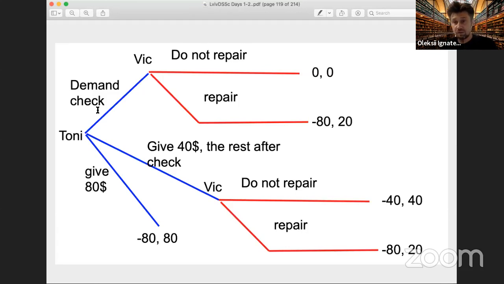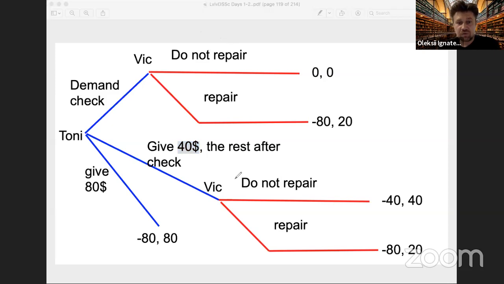Okay, so they propose an intermediate move. They propose the idea that Tony can give half of the sum before and the rest after the check. And in this situation now, Vic has an incentive not to repair and get 40, and it's better than getting a repair with a moral compensation estimated at $20.